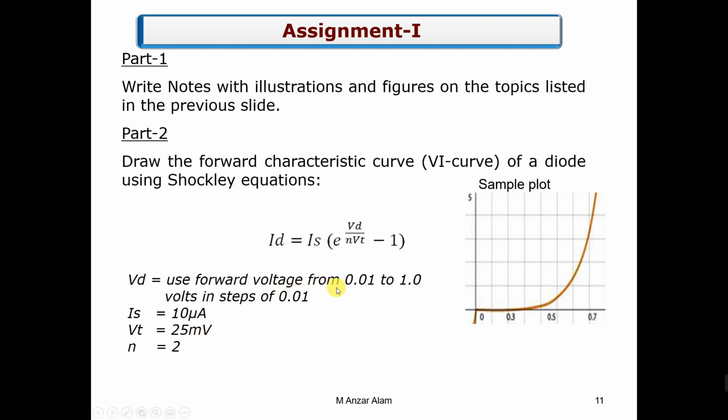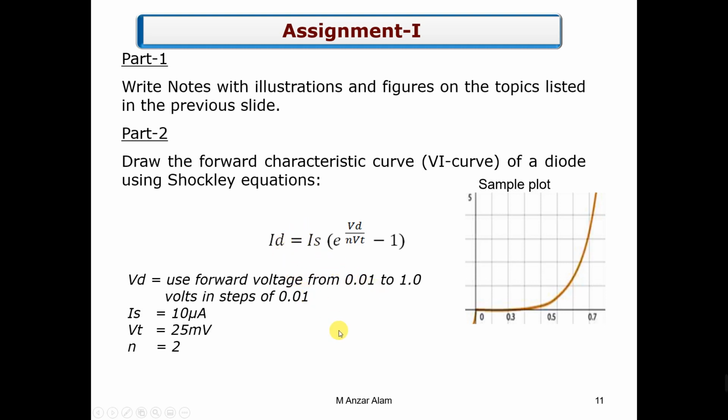Use forward voltage from 0.01 to 1 volt, or if you are drawing by hand, you can use 0.1, 0.2, 0.3 up to 1 volt. But if you are drawing in some software or in an Excel sheet, then it's better to use this resolution. For 0.01 volt, you have to calculate the diode current. For 0.02 volt, you have to calculate the diode current.